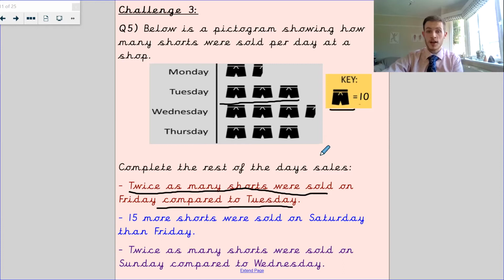So once you've done Friday, you can then work out Saturday because 15 more were sold on Saturday. So you might need a half short for that one. Then you've got twice as many shorts were sold on Sunday compared to Wednesday. So you need to figure out how many is the total for Wednesday, and you need to double it for your Sunday.